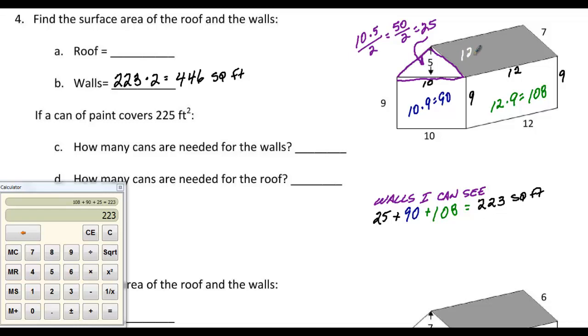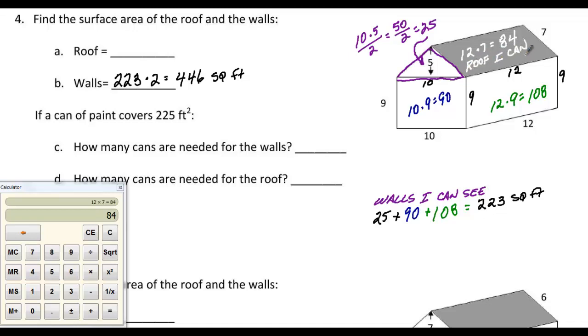Now I'm ready to do the roof. So the roof is 12 times 7, and 12 times 7 is 84. Let's just double check though. I would hate to do all of this work and make some careless mistake. So 12 times 7 is 84.